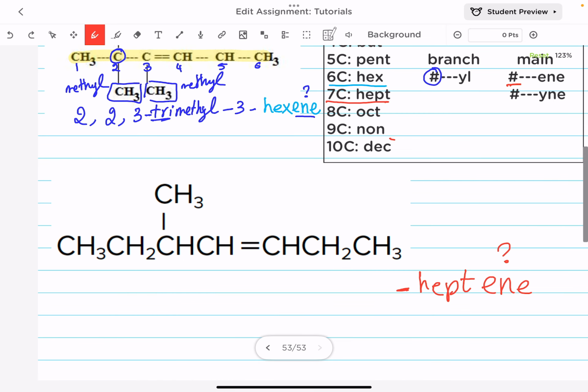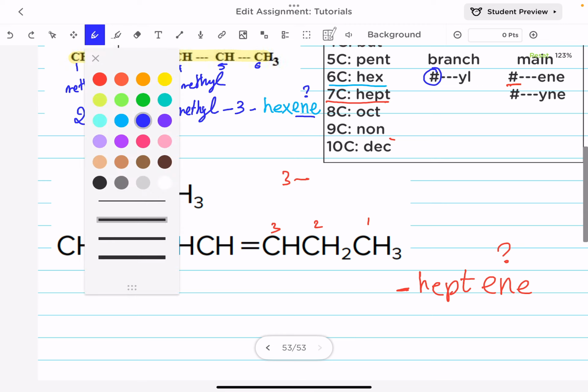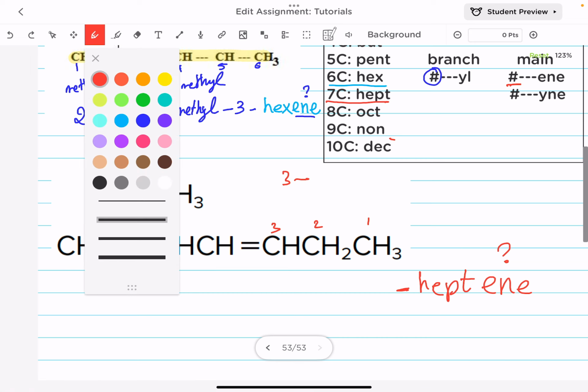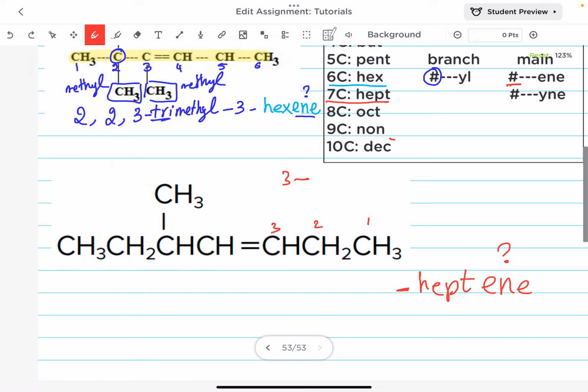If I count from this side, 1, 2, 3, the double bond comes on the third. But if I count from this side, 1, 2, 3, and 4, I will give the double bond a higher number, and that is not correct. So I'm gonna stick to the right side. 1, 2, 3, 4, 5, 6, and 7. So that's a 3-heptene.